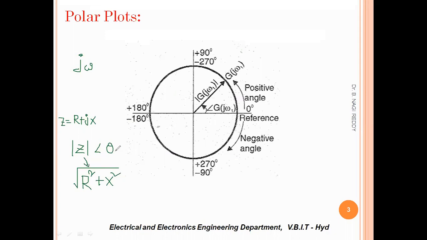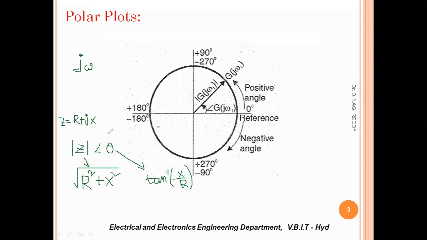Similarly, we can also calculate theta, where theta can be written as tan inverse of y by x, or simply imaginary value by real value. Theta is nothing but y by x, which is imaginary value by real value. Here the imaginary value is X and the real value is R. So these are the formulas we can use to convert the complex value into the polar value.